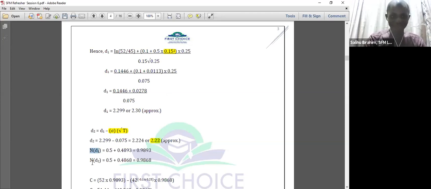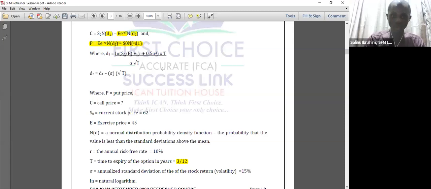This is ND1, this is ND2. Both are found in the computation of what? In the computation of call option price. Can you see there? All what you are doing down there is to get our variable for this formula that we are estimating. We have gotten our D1, but I don't need only D1, I actually need ND1.